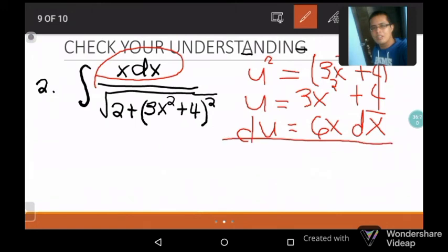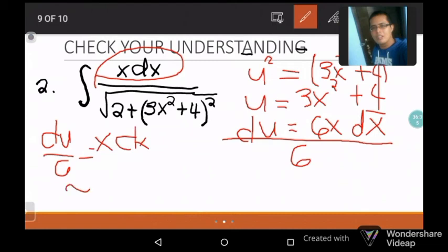O, sige. 1/6 ilabas na natin sa integral sign. Kasi ang mga constant, hindi siya part ng mga derivative. Kaya ilalabas natin siya sa integral sign. So, magiging 1 over 6 times 1 over a. Ang a squared natin is 2. So, ang a is square root of 2.